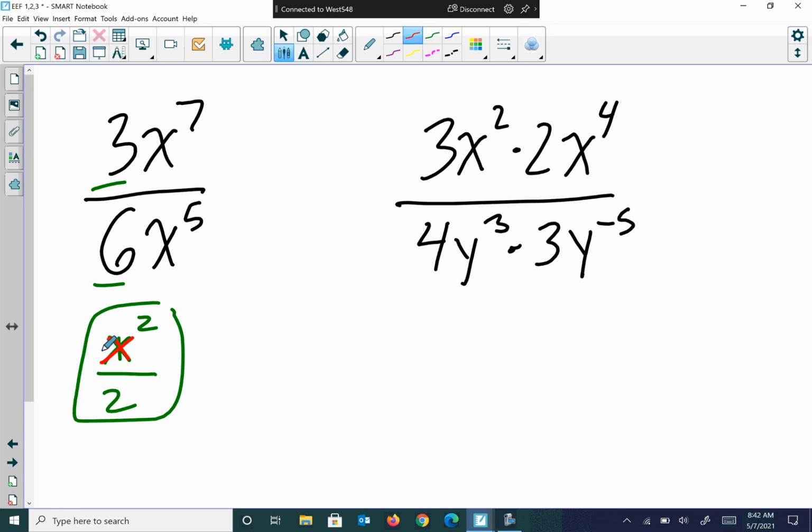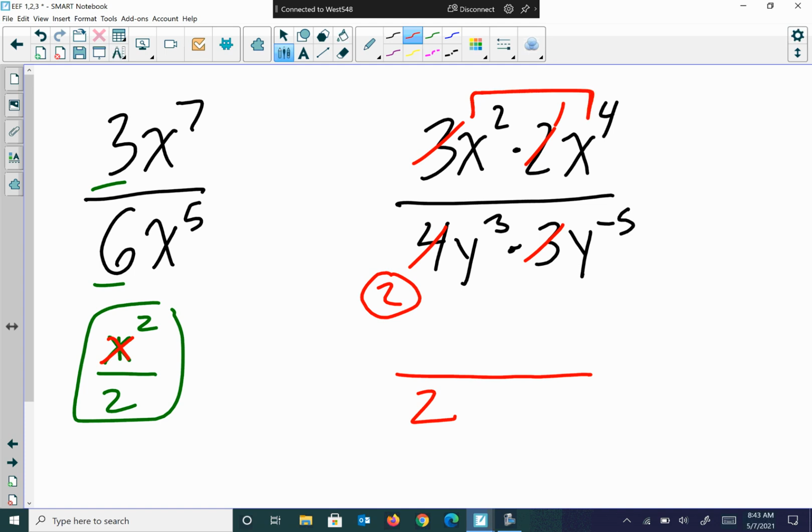All right. 3 and 3, they cancel, yes? Yeah. 2. It's not to 1. Okay, so I'm guaranteed to have a 2 in the denominator because of this. I have these.